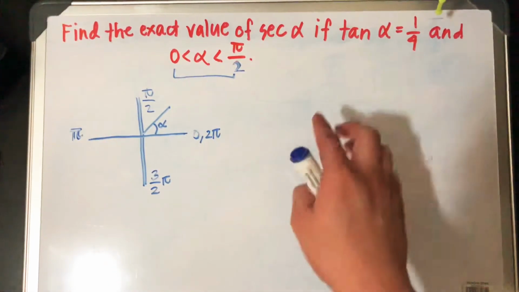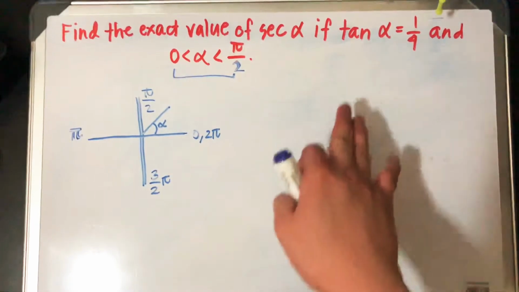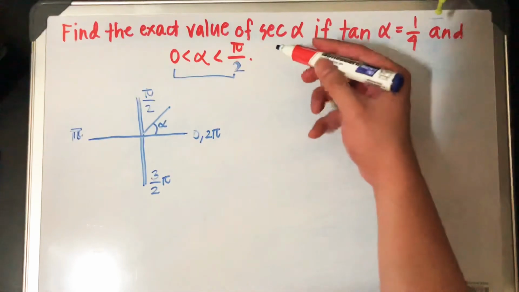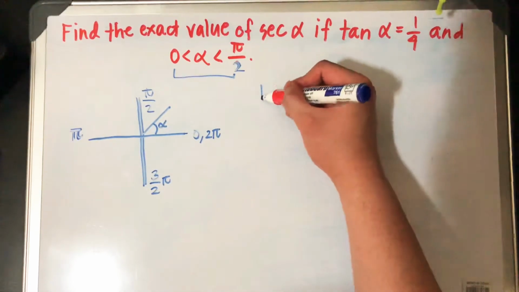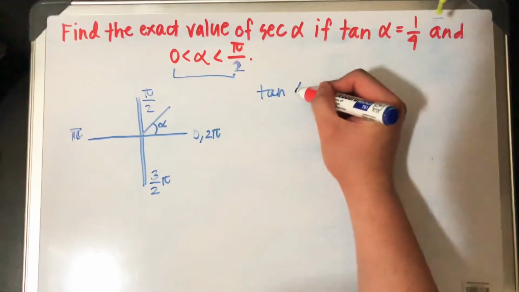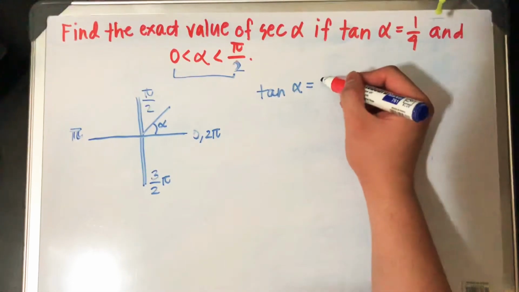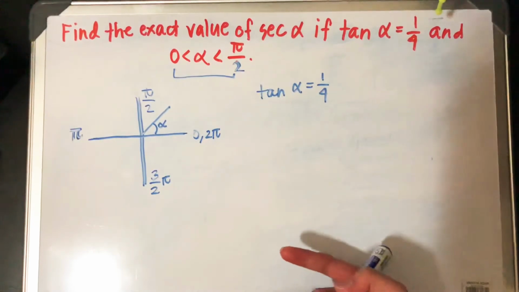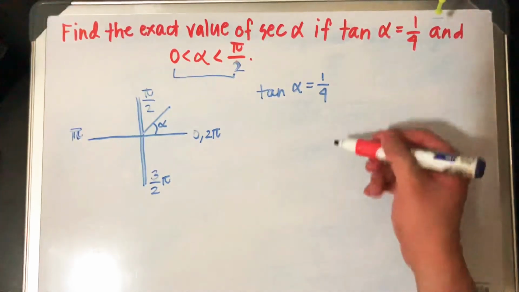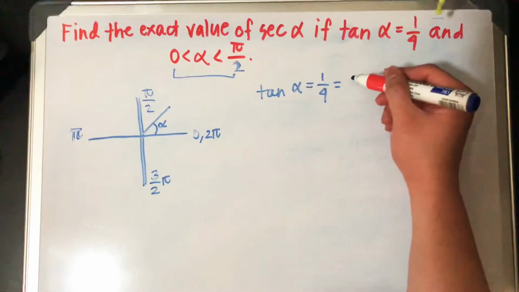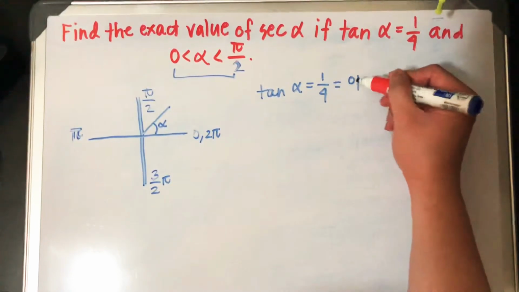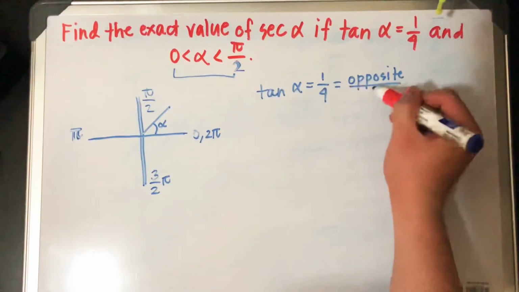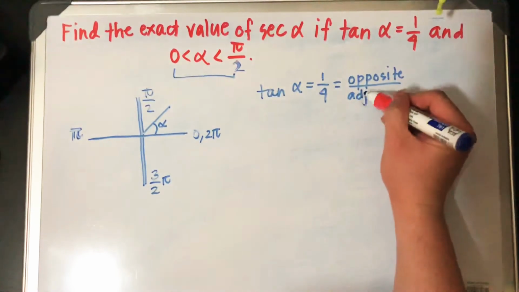Next, we go to tangent alpha equals 1/4. So, what does it mean? We have tangent alpha is equal to 1/4. Now, we know in trigonometry that the definition of tangent is equal to opposite side over adjacent side.